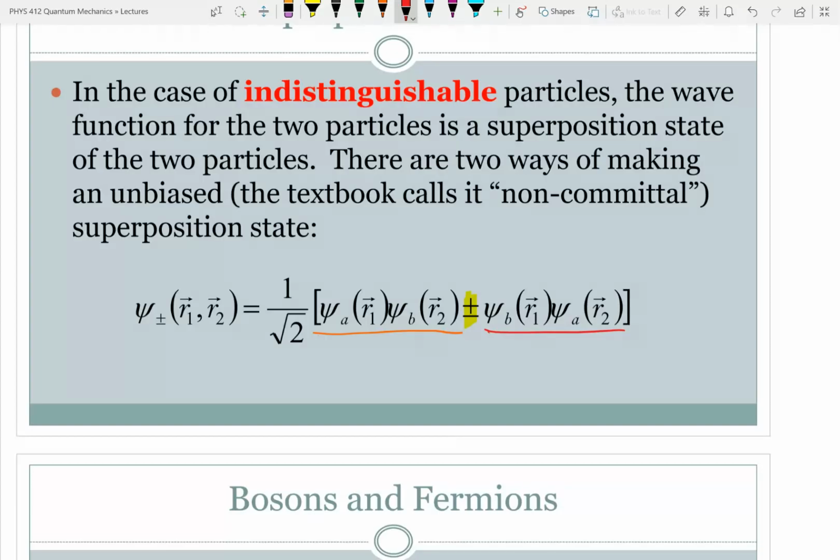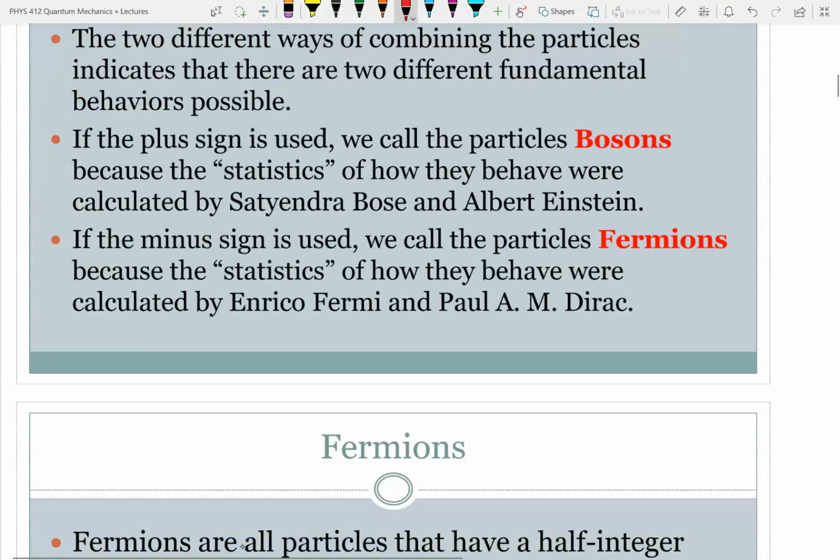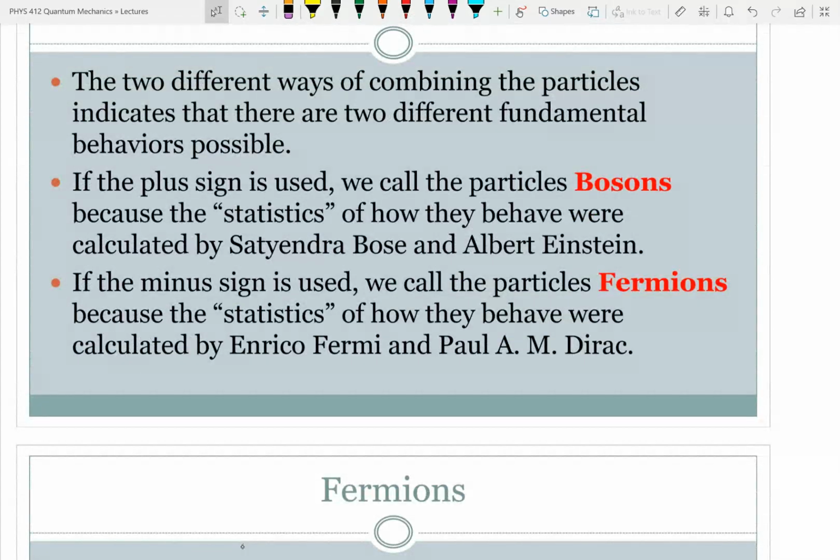All you know is one's in A and one's in B. So you had two ways of putting that together. If you put the plus sign, then it was a boson. That's just the definition. Now the plus is symmetrical. Well, we'll see the symmetrical and the anti-symmetrical in just a second. The fermions is when you put in the minus sign.